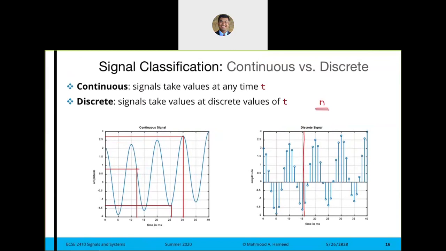And why would we do that? We would do that to sample. Why would we sample? We are selecting a few values of the signal, because all the information is unnecessary. For example, if I asked you your height, you are not going to tell me my height was 6 feet at this time and this time and this time. If somebody was asking you to sketch your height, you would probably say, my height was 4 feet when I was 4 years old, and then 5 feet when I was this old.